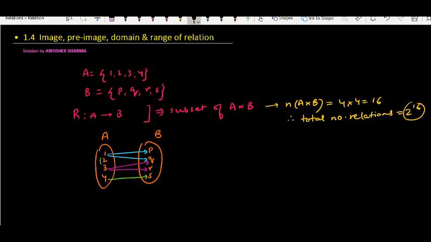This is the mapping representation of my relation, and I can also write this relation in the roster form.